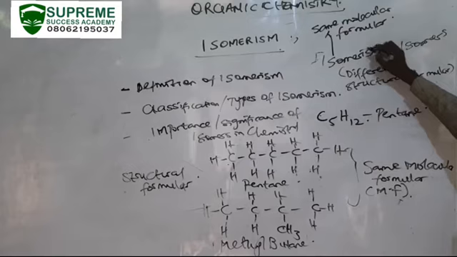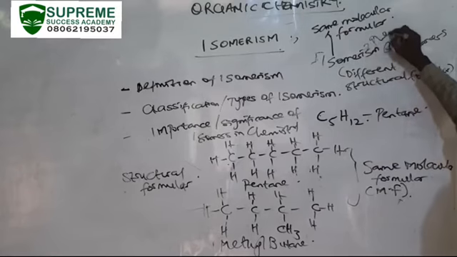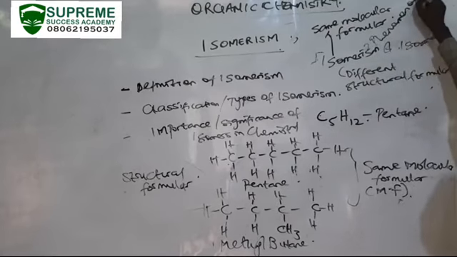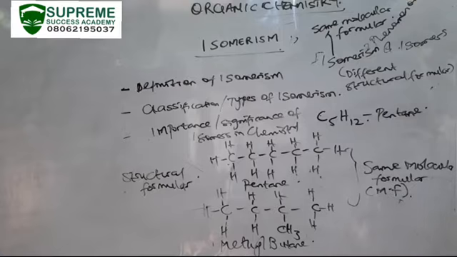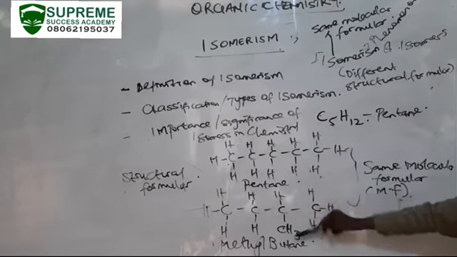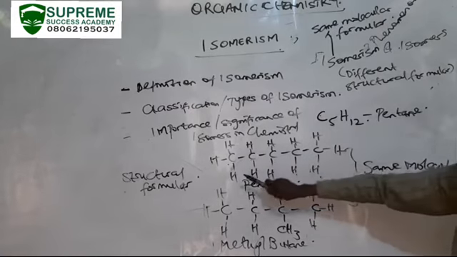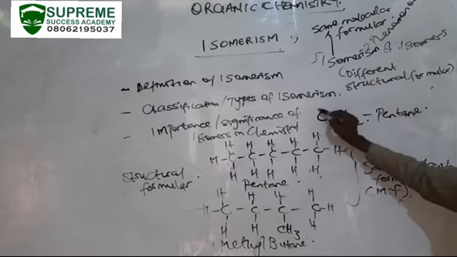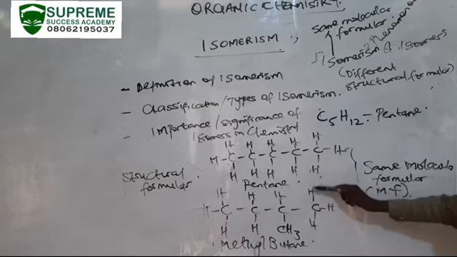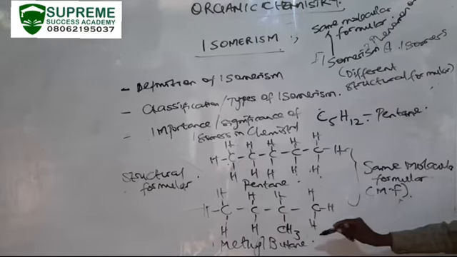Take note of the keyword phenomenon. So isomerism is a phenomenon whereby 2 or more chemical compounds have the same molecular formula but different structural formula.